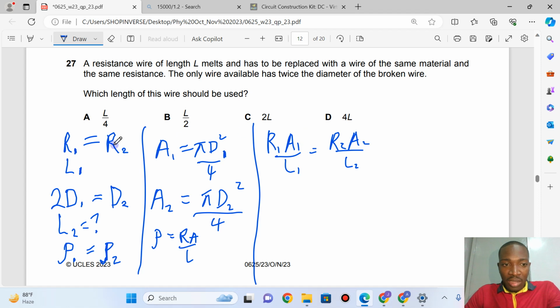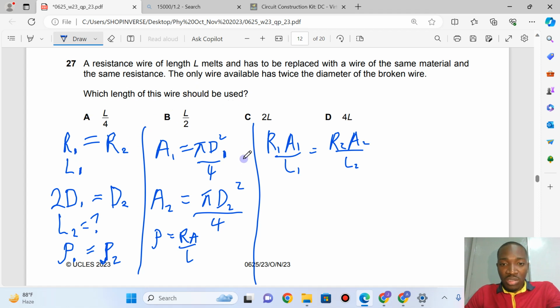They are made of the same material, so they will have the same resistivity. And resistivity is Ra over L. Or you can express it in terms of resistance too, since the two resistors are expected to be equal.